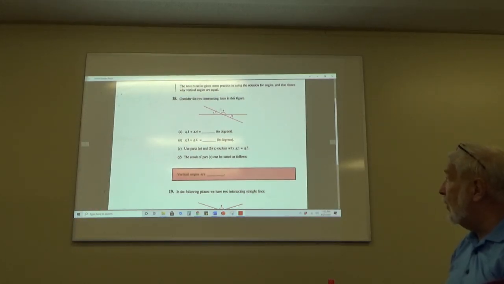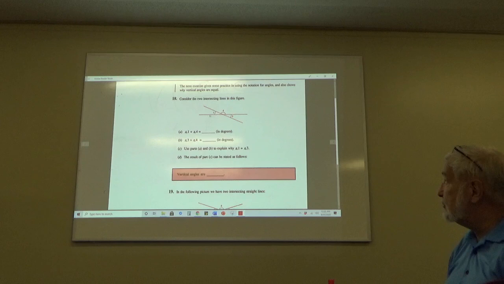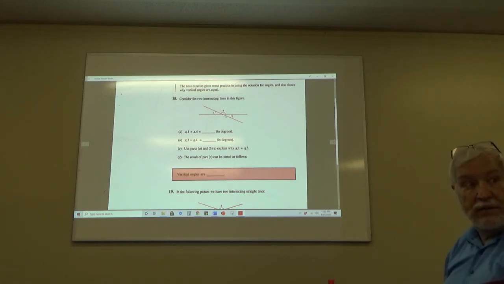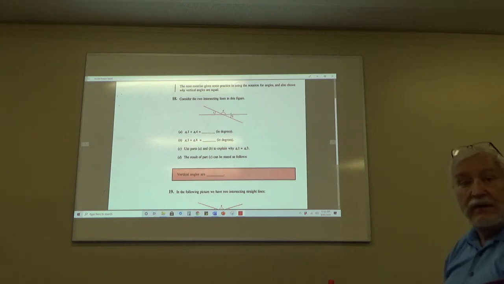So what does angle 1 plus angle 4 equal? It's a straight line, isn't it? How many degrees in a straight line? 90? No, 90 is perpendicular. 180. 180 straight across. So what about 4 and 3? How many degrees if you add 4 and 3? 180, both.